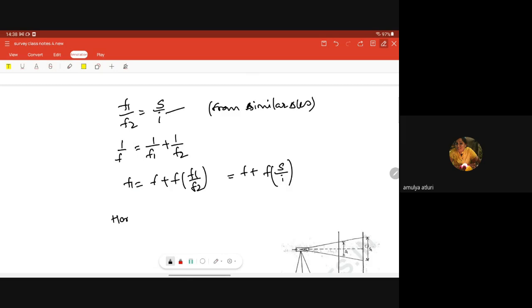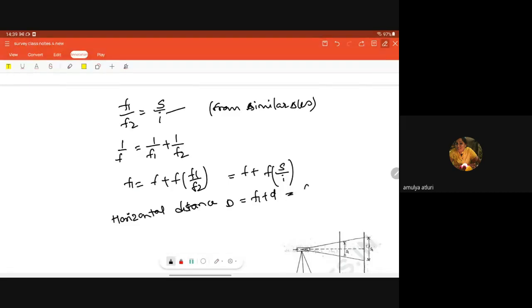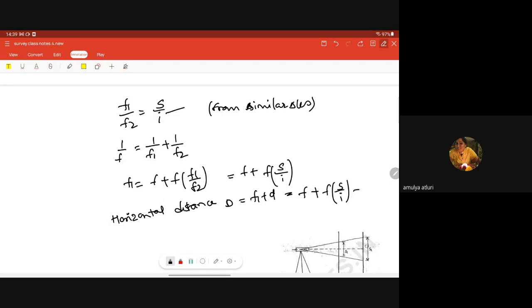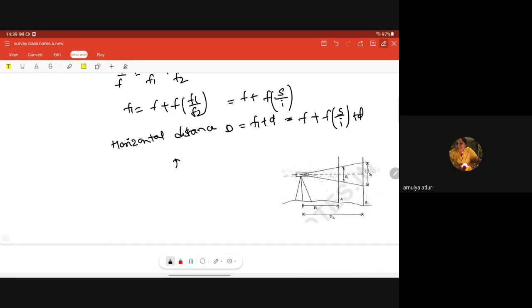Then the horizontal distance D is equal to F1 plus D, that is F plus F of S by I plus D. So the final equation is D is equal to K into S plus C. You need to remember this.